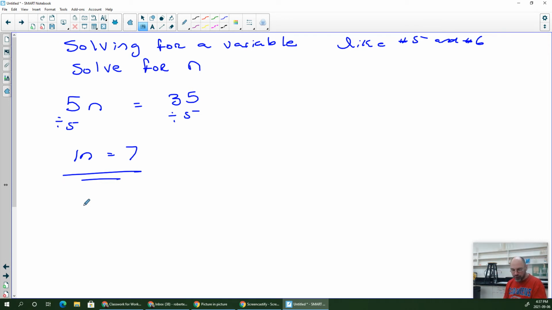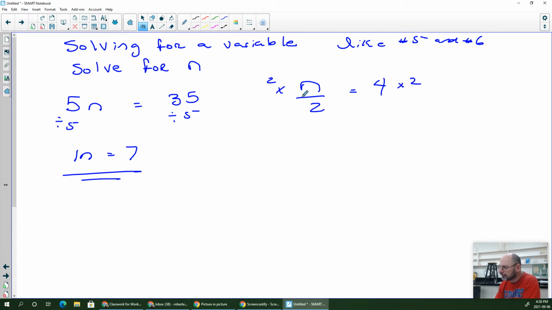Now, if they give you one like, you have to do the opposite of, if it's like that, you have to divide. If it's like this, say n over 2 equals 4. Okay, if it's on the bottom like that, you have to multiply by 2 on both sides.